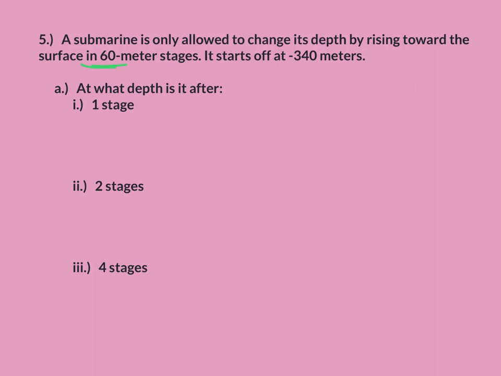So the first stage, I'm going to start at negative 340, and I'm going to add 60 to it. This is fun. I get to sing again, and I'm going to look at these two numbers. I'm adding, so if the signs are the same, find the sum. They're not the same.